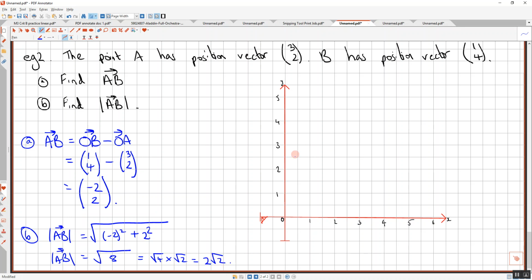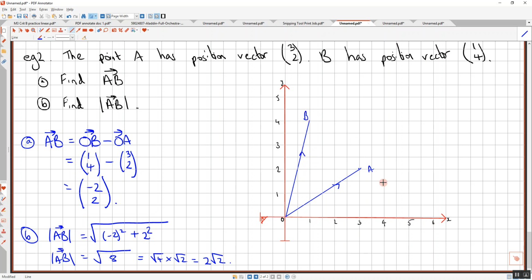Okay? Now just to show this in terms of the picture, A is 3, 2. There is point A. So the vector O to A is right here. O to B is 1, 4. So 1, 4. That is O to B. Let's make sure we put in the direction.